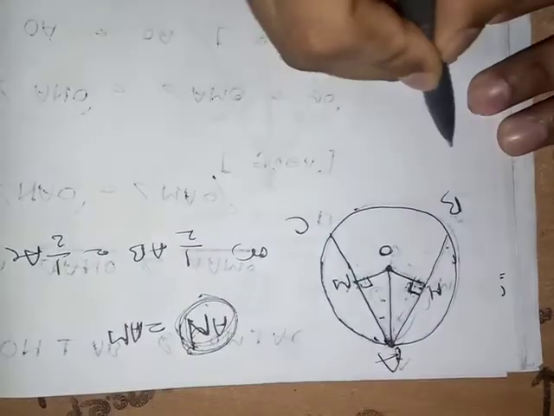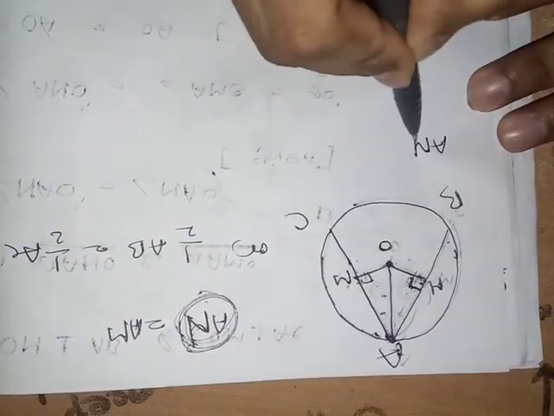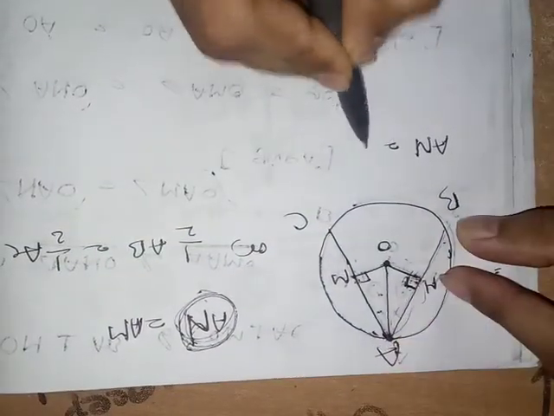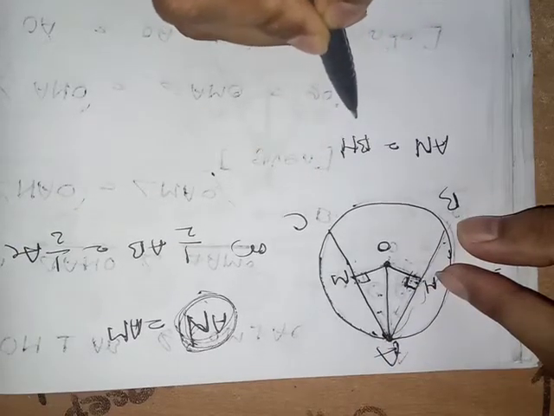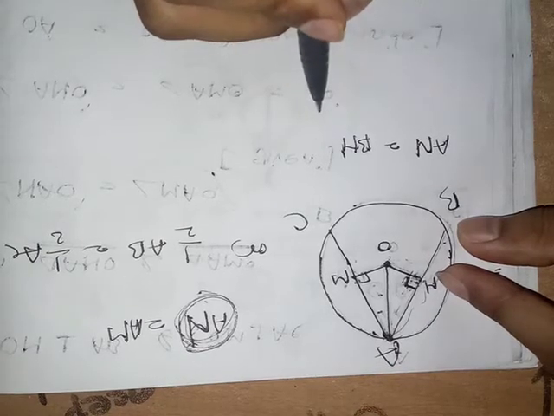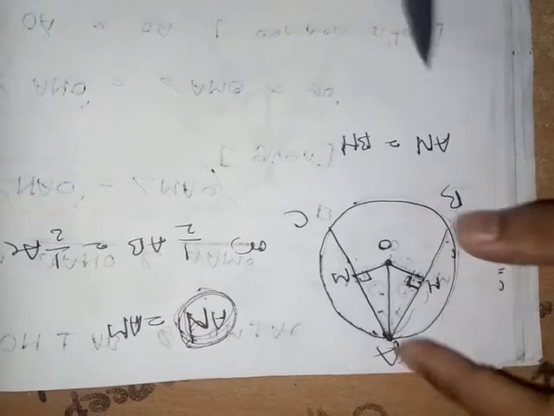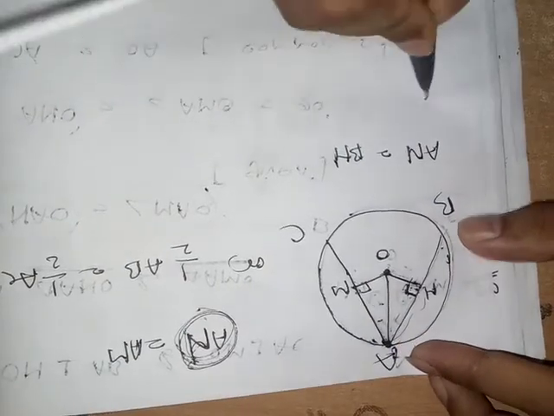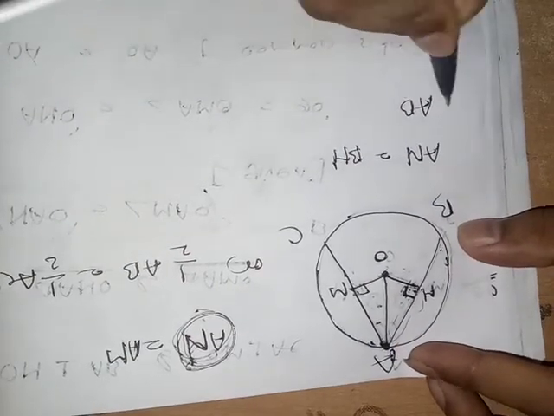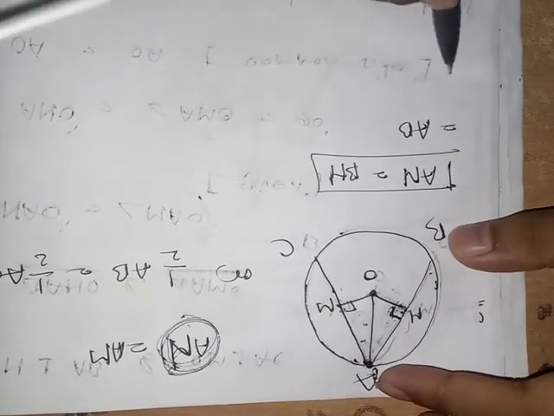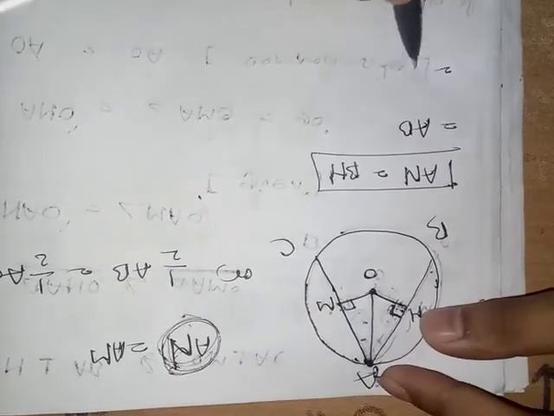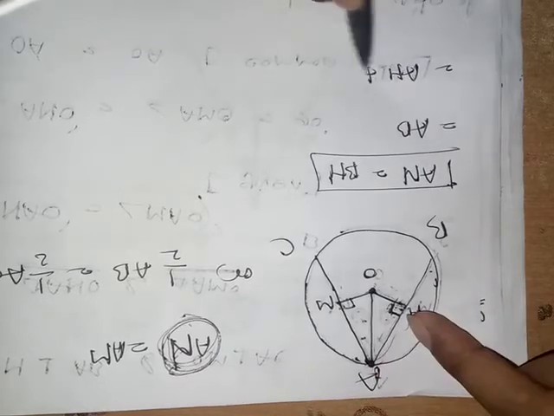So we can say AN is equal to BN. So the total chord is AB, and I can write AB in this way: AN plus BN.